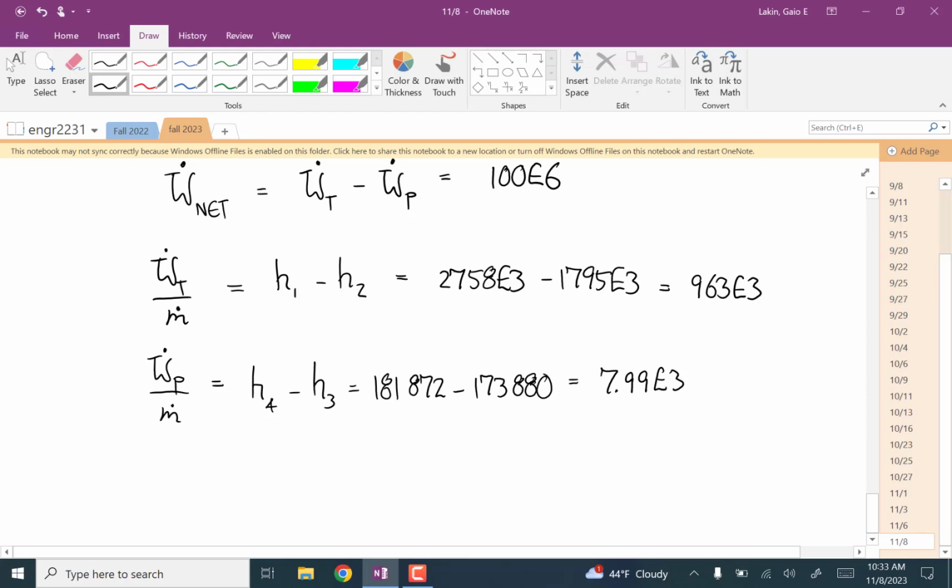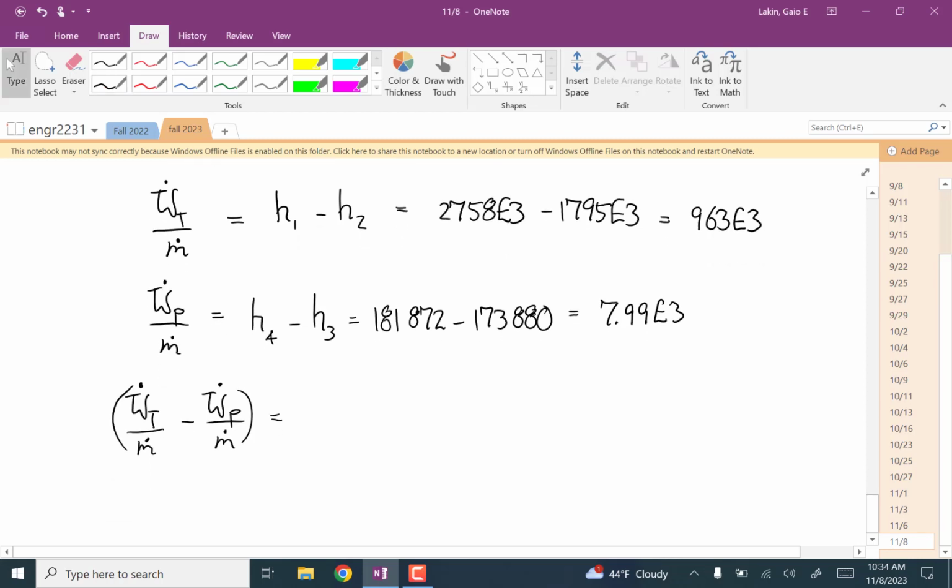So WT over M dot minus WP dot over M dot is 963 times 10 to the third minus 7.99 times 10 to the third.